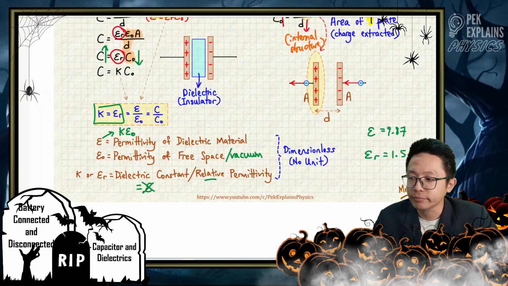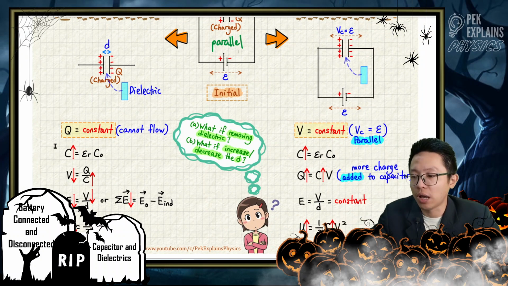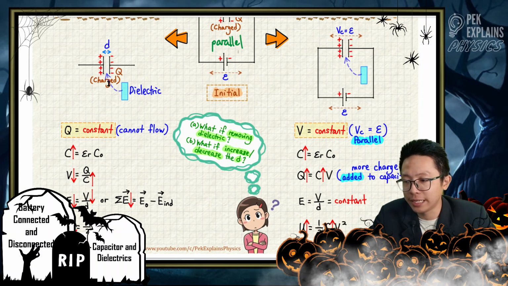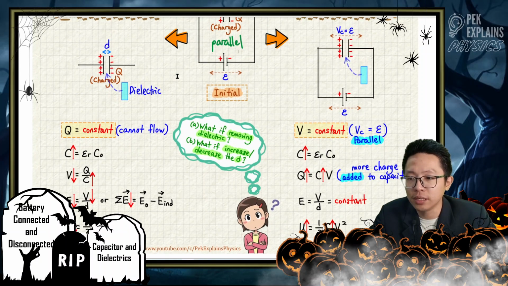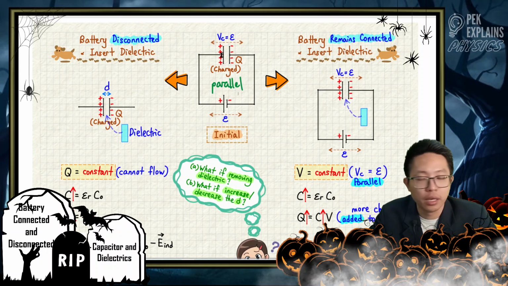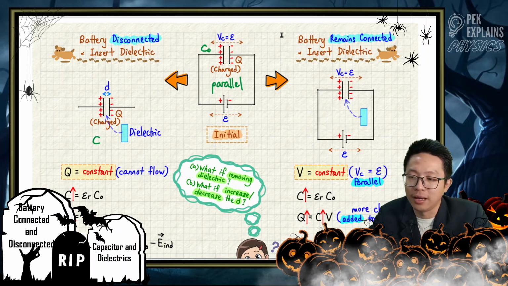Okay, so let's look back to this value. Initially the capacitor has no dielectric, so it is only C0. Now you put in a dielectric, and it becomes C already.